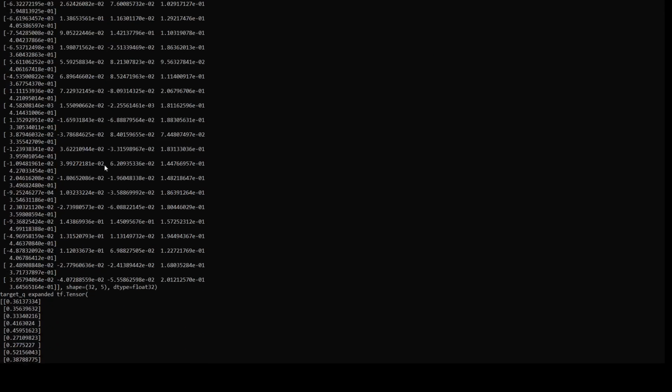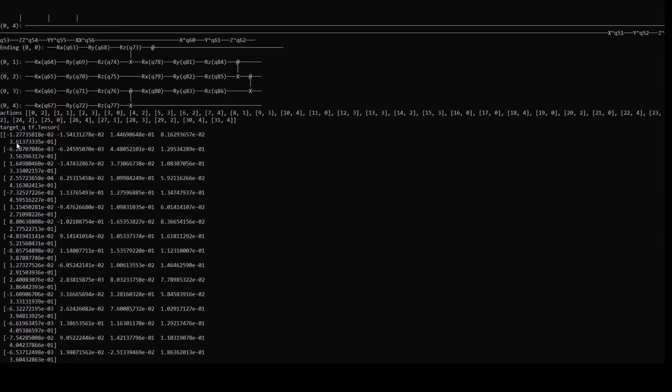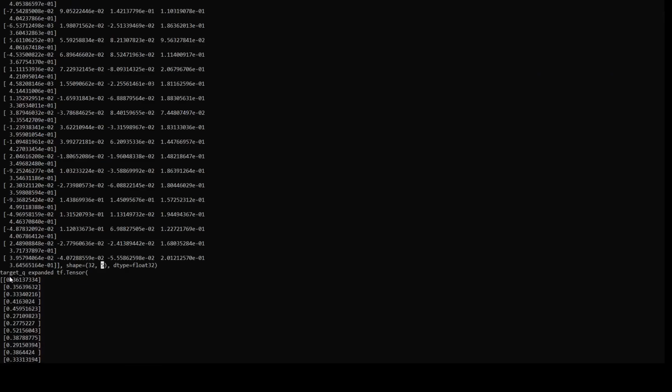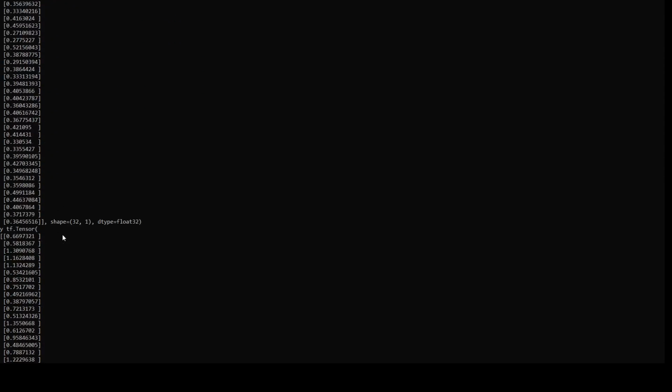That's a nice set: 32 by 5, 32 batch size, 5 action space. We take the max, so we can see the max here is 0.361. And so we see 0.361. So we get the maximum of those values.